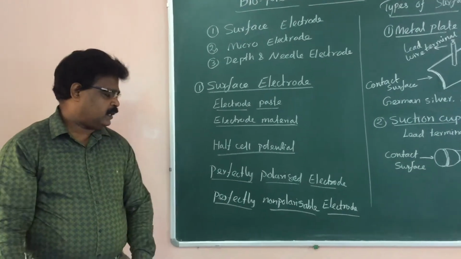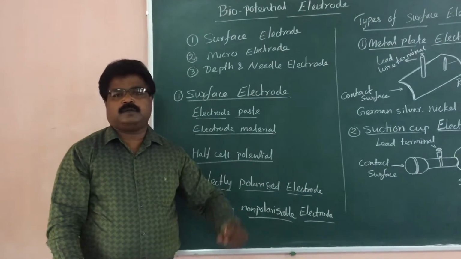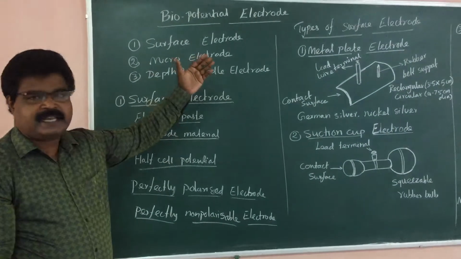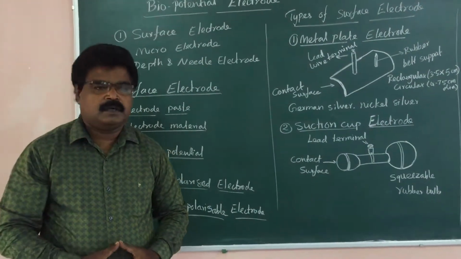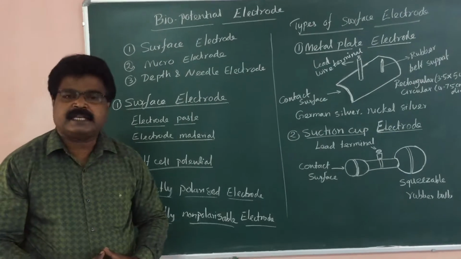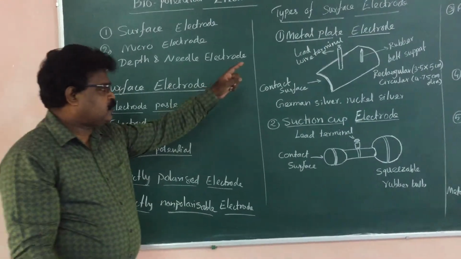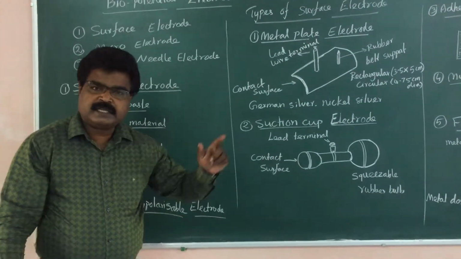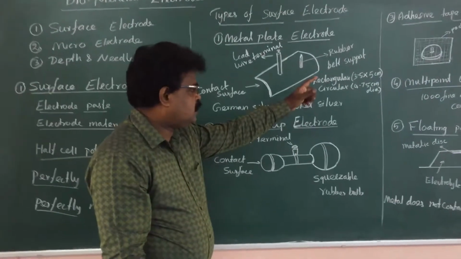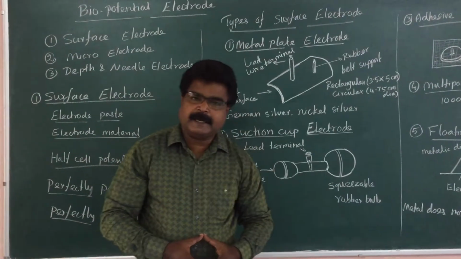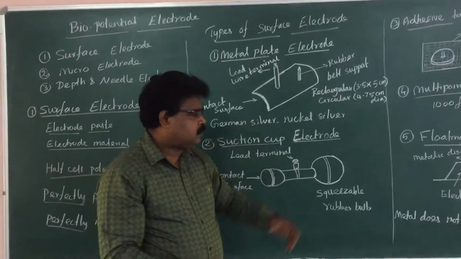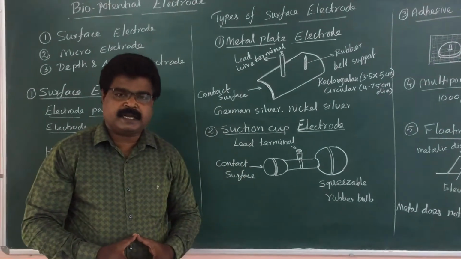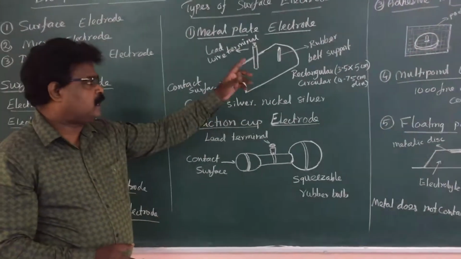That's called a perfectly non-polarizable electrode. Then we will discuss the various types of surface electrode. The first one is the metal plate electrode. The metal plate electrode is of two types. One is rectangular, with a size of 3.5 by 5 centimeters. The other is circular, with a 4.75 centimeter diameter. These are the two types of metal electrode.